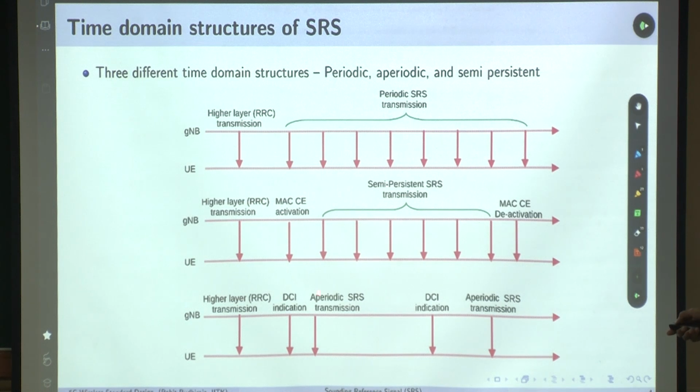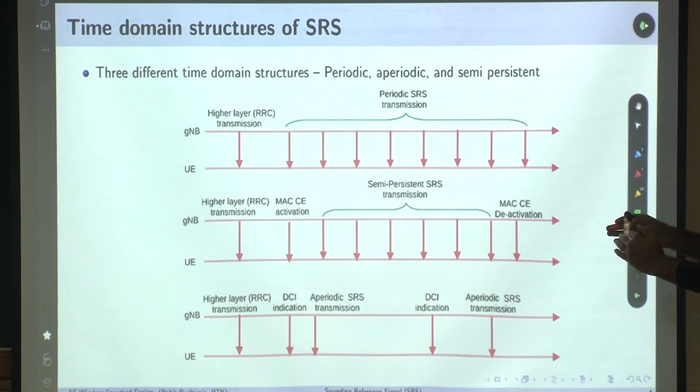And then for that duration, the SRS is transmitted, done, that's all. Again, when the SRS is required from the user, the DCI is transmitted again, and it's indicated using the DCI.